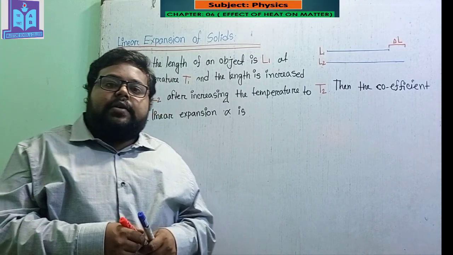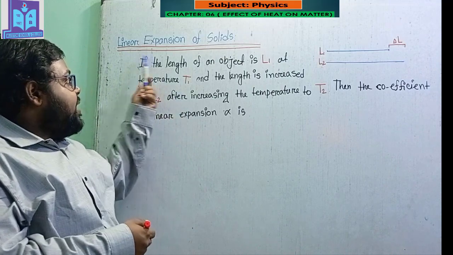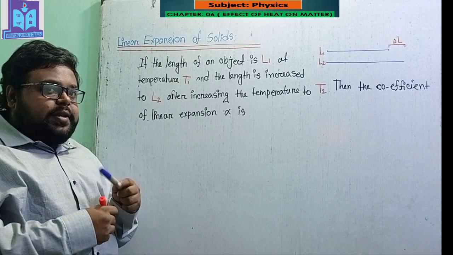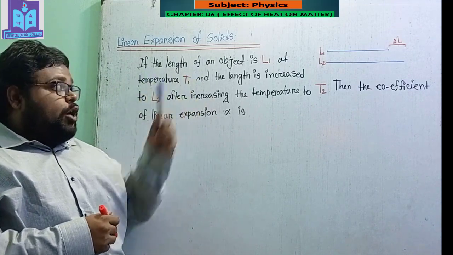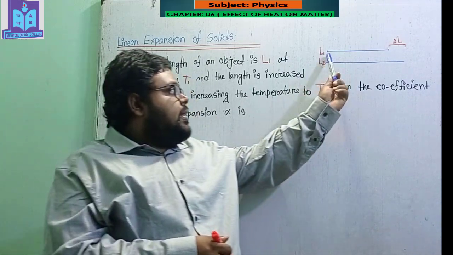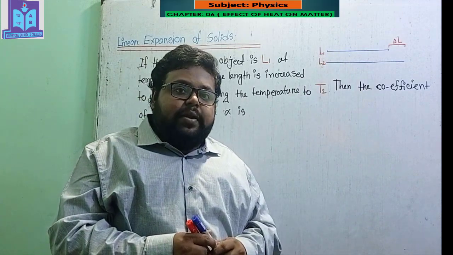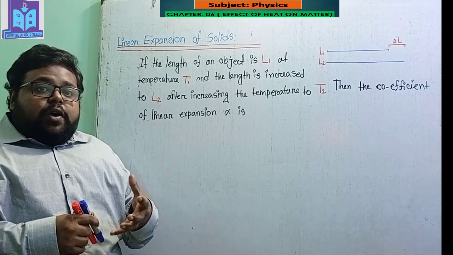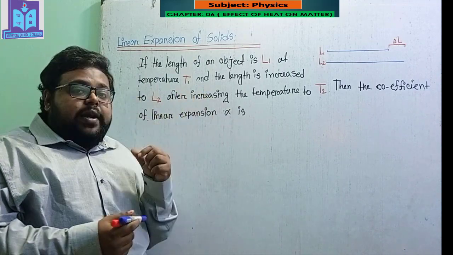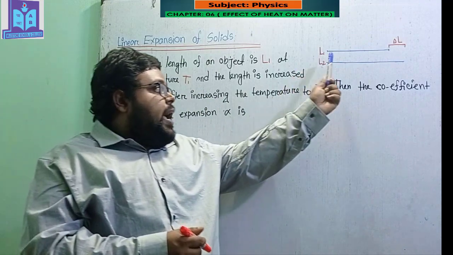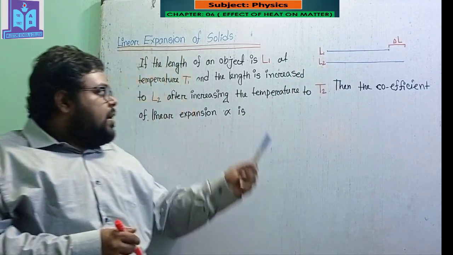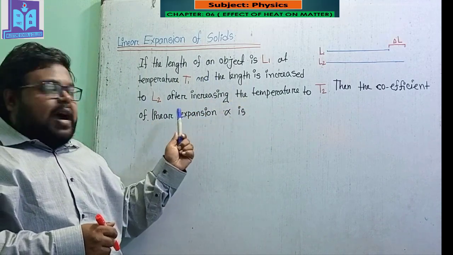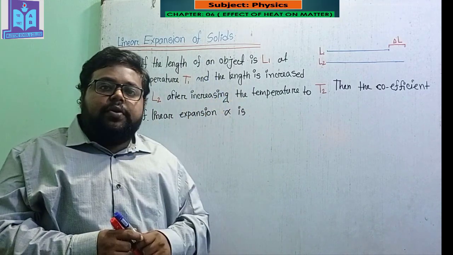Dear student, our next topic is the linear expansion of a solid, okay? And here you can see that the length of an object is L1 at the temperature T1, that means when the initial temperature is T1, at that time the length is L1, and then the length is increased to L2 after increasing the temperature to T2.